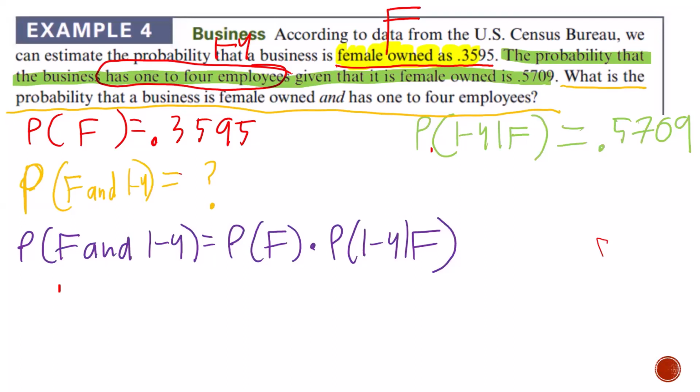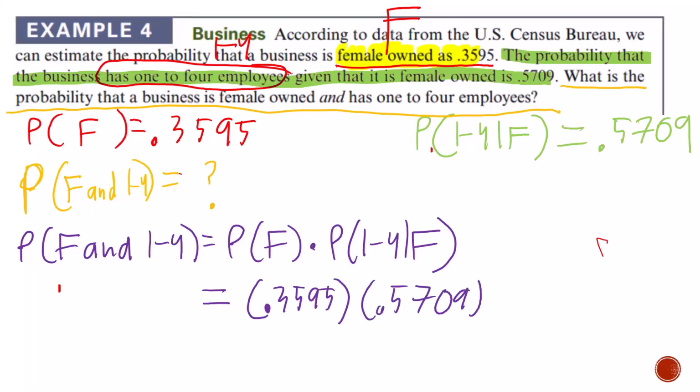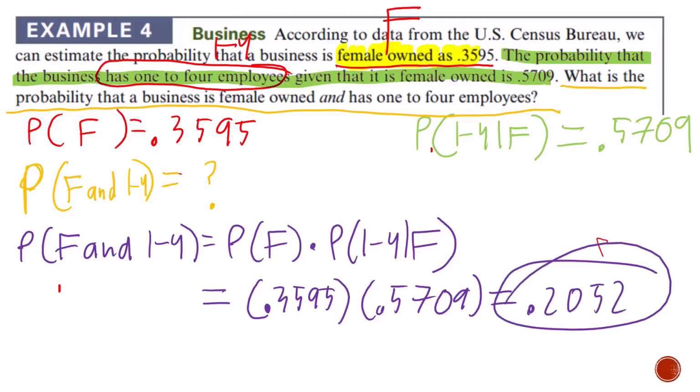So then all I have to do is plug in the numbers I have. And I get that it's roughly 20.5% or a little more than about 21%.